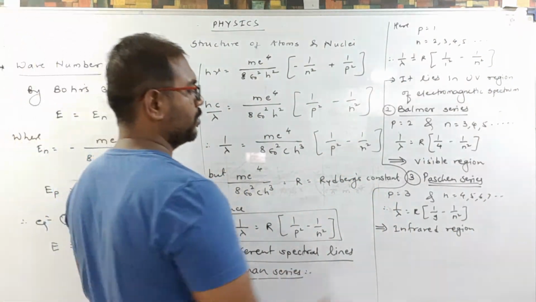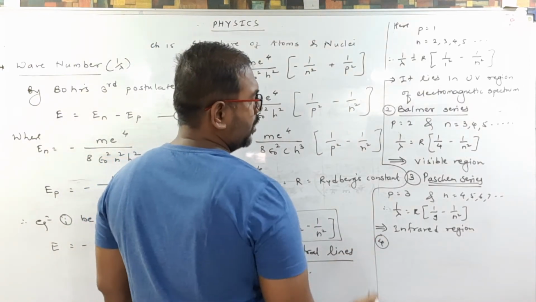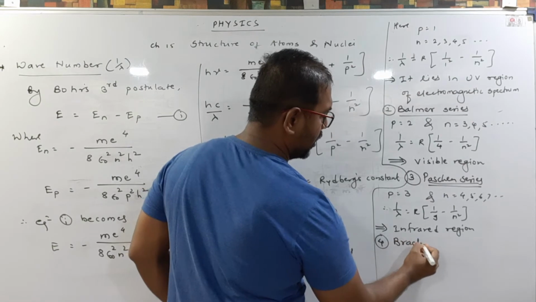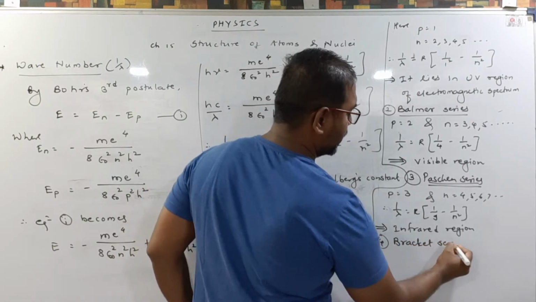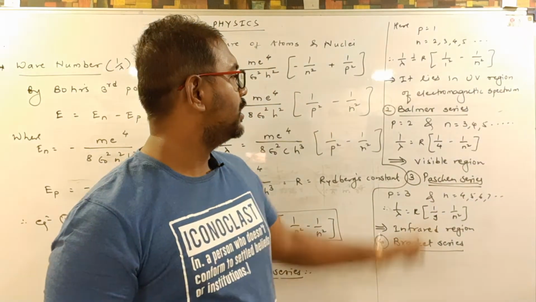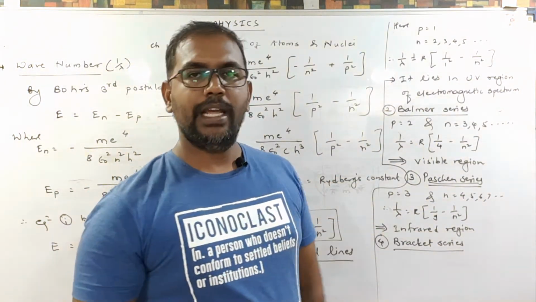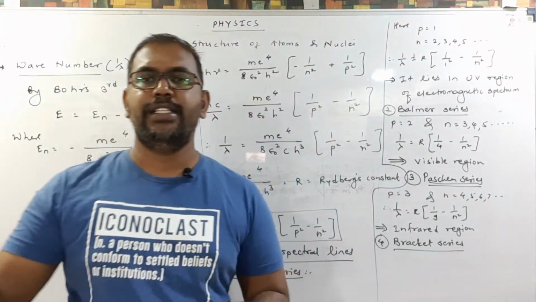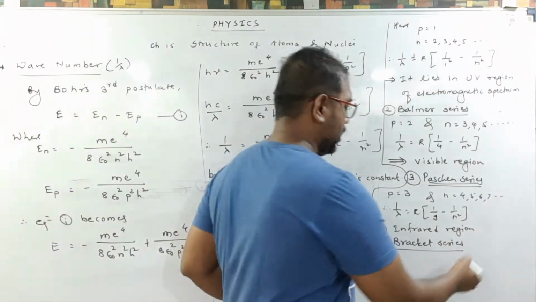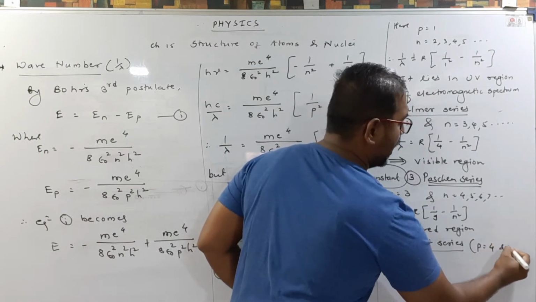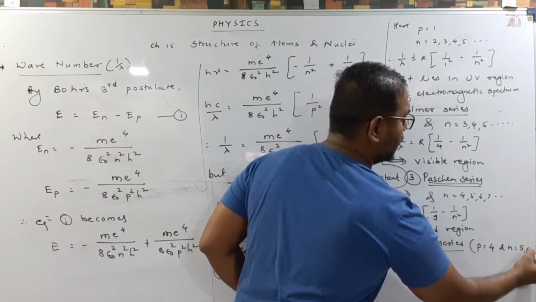In a similar manner, Lyman, Balmer, Paschen, then the fourth one is the Brackett series. Remember, in Brackett p is now 4 and n is the outer orbit. If the inner orbit is 4, then the outer orbit is 5, 6, 7 and so on.